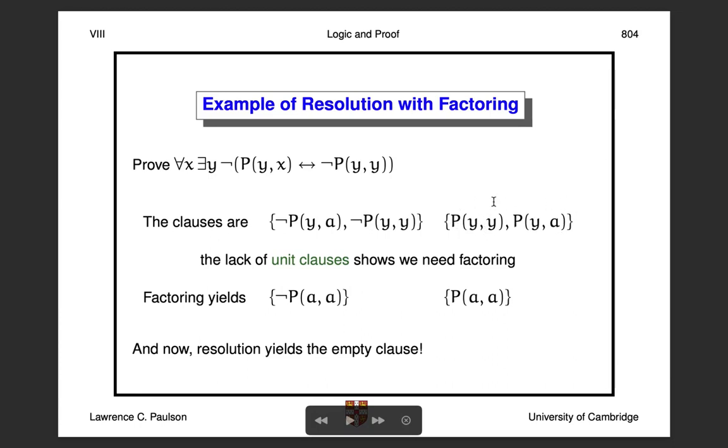this P y y, P y a. If we apply a substitution, y goes to a, then we get P a a. Over here, the same thing happens. Once again, if we set the variable y to a, all of the y's become a's, the 2 literals become the same, and that is the result of factoring.